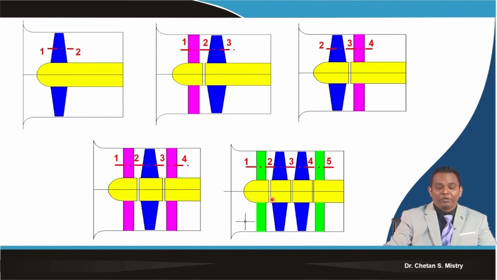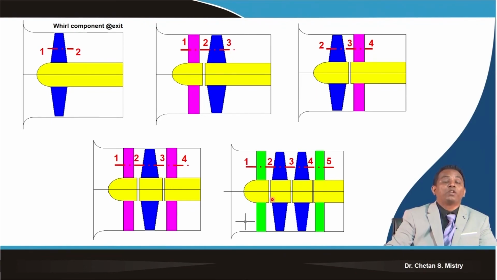What we learned today is that the whirl component coming from the exit is what we consider one of the problems. But based on your application where you are using this fan, that is very important. If you are not bothered about having high pressure ratio or high pressure rise, then do not bother about this whirl component.